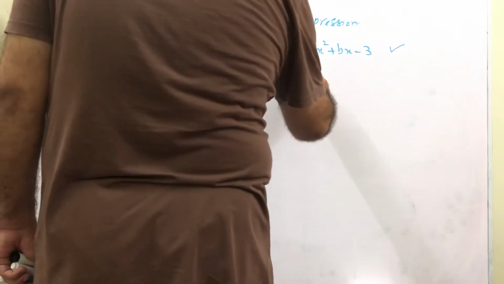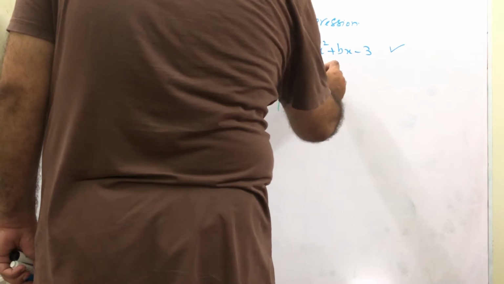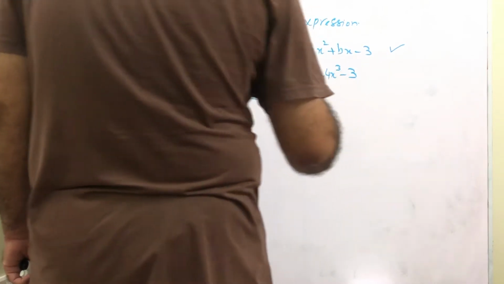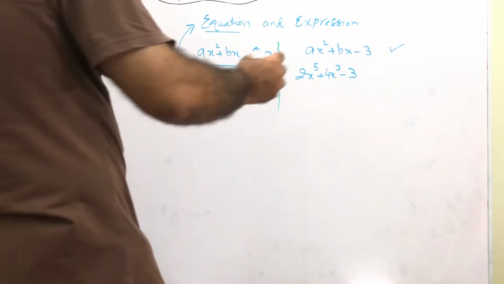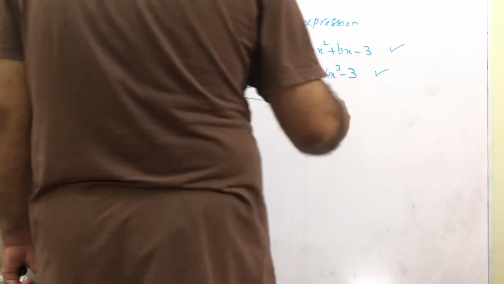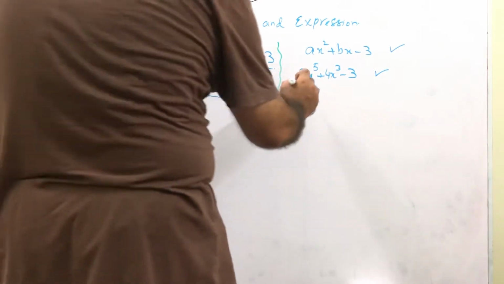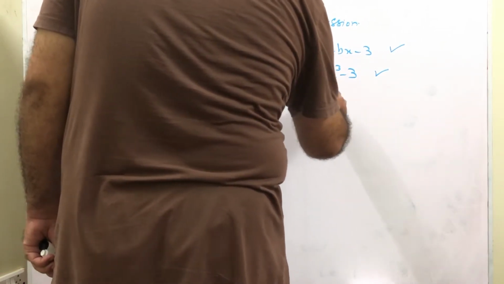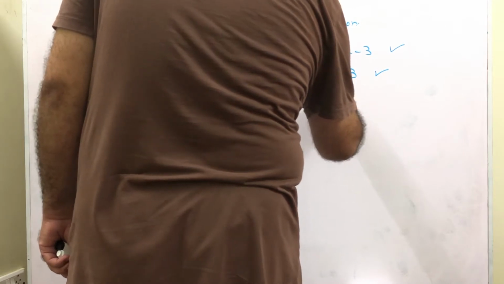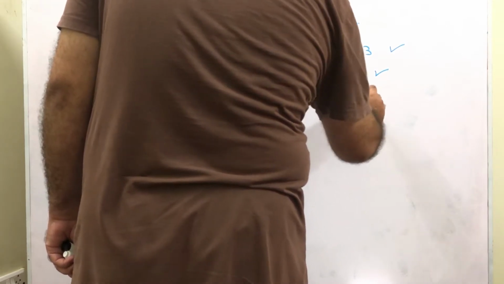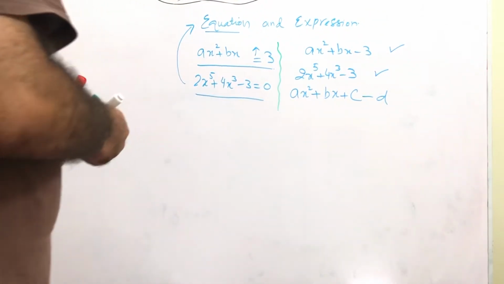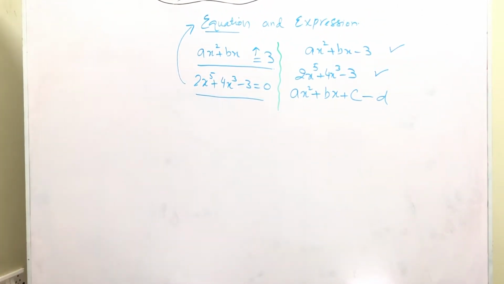And if we say 2x5 plus 4x cube minus 3, again this is an expression because no equal sign is there in the question. If we say ax square plus bx plus c minus d, this is again an expression because no equal sign is given.